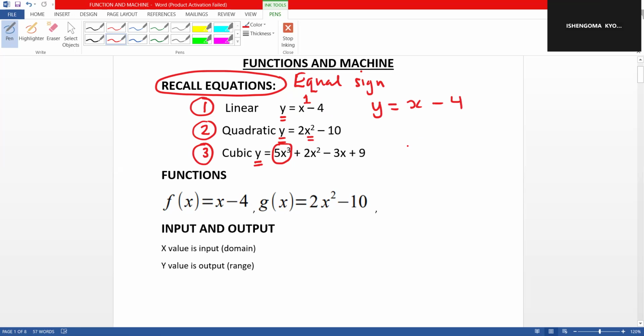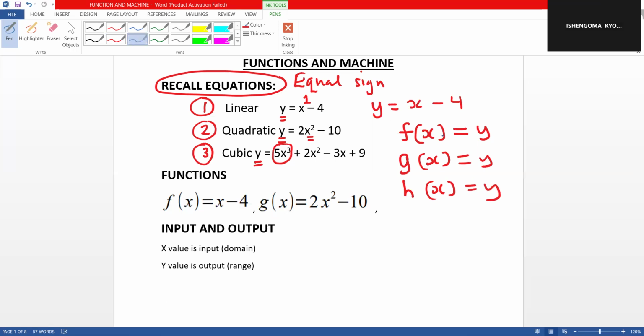Now, when we are bringing in functions, we use letters. Example, f(x), g(x), h(x), and so on. These always represent the y. Any function is always equal to y.